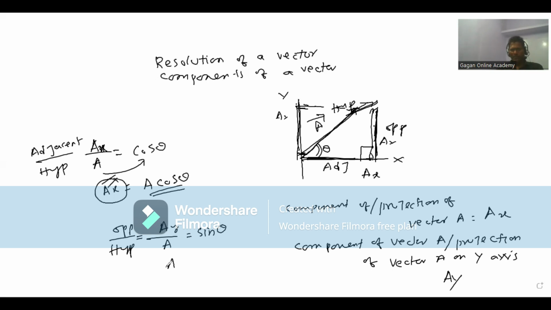So Ay is equal to A sin theta. Carefully listen to me. Y component of vector A is Ay, that is A sin theta.